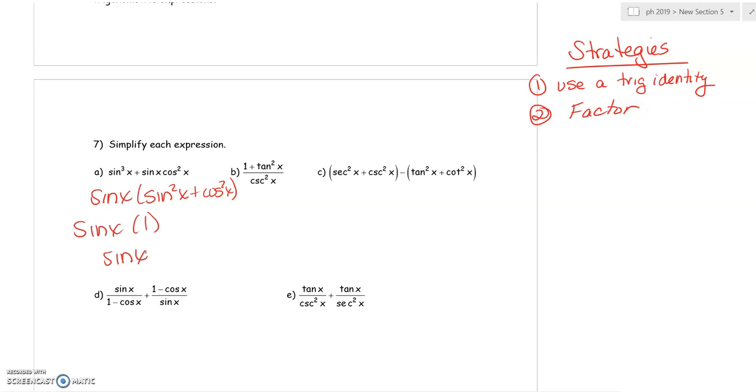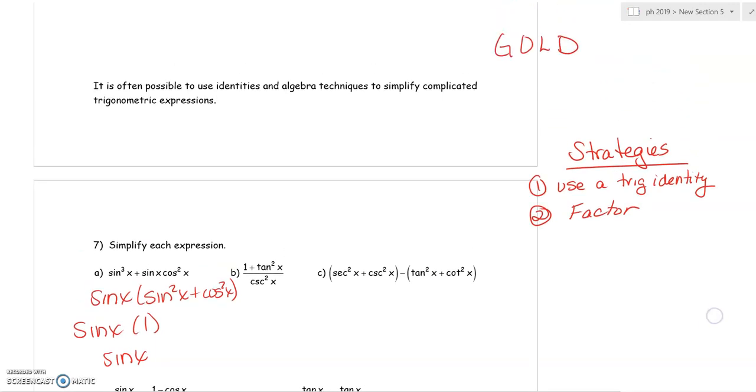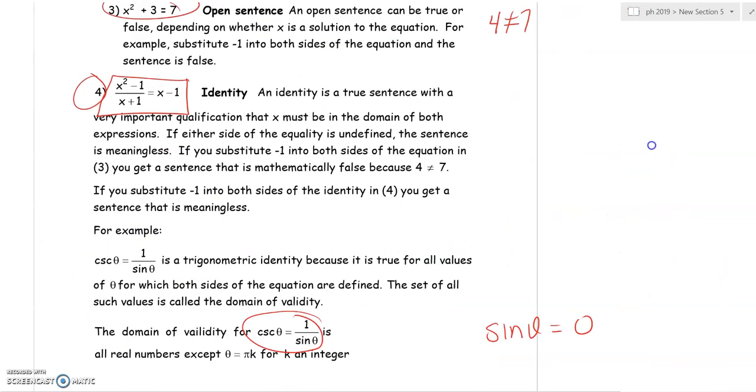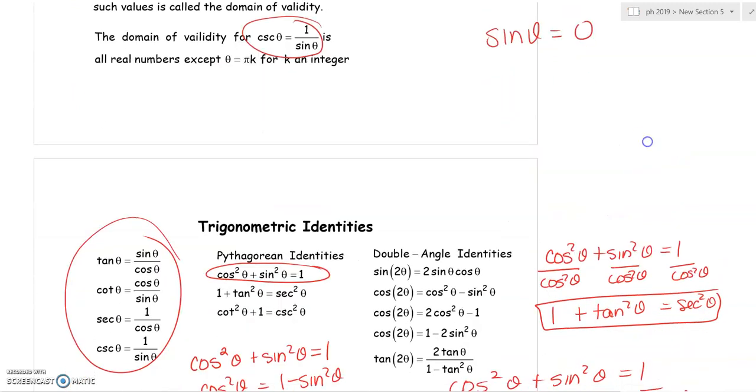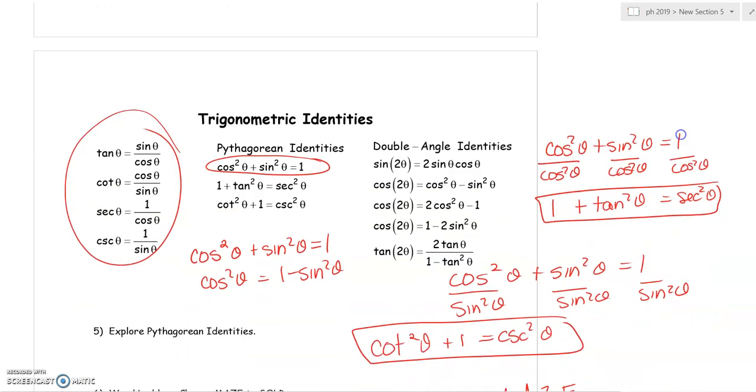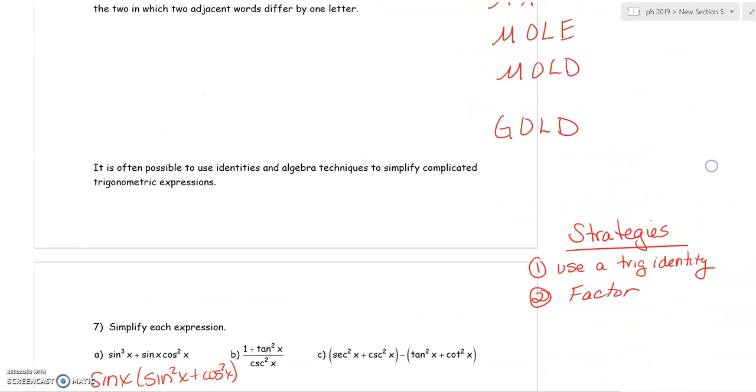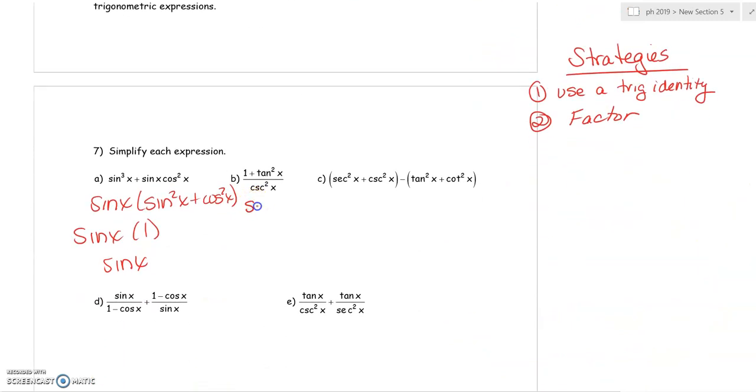Okay, so for b, I noticed that 1 plus tangent squared is an identity. If we go back here and take a look, 1 plus tangent squared, there we go, notice that's secant squared. So I can replace 1 plus tangent squared of x with secant squared of x. And again, this is really helpful, I think, to practice a lot of your algebra. So now we have secant squared of x divided by cosecant squared of x.